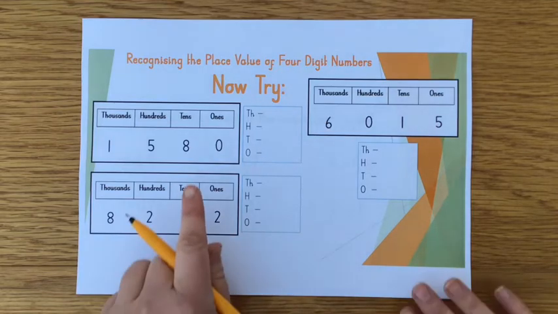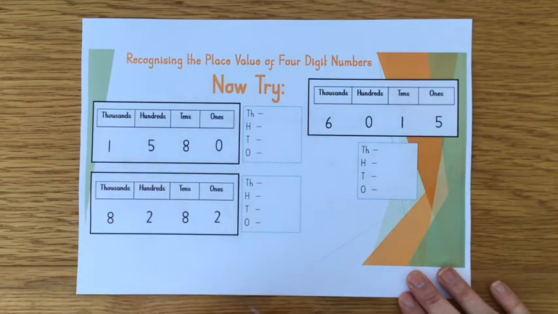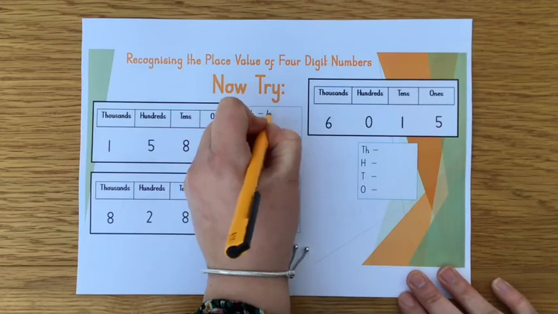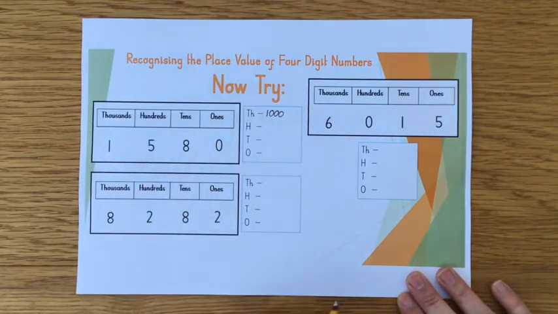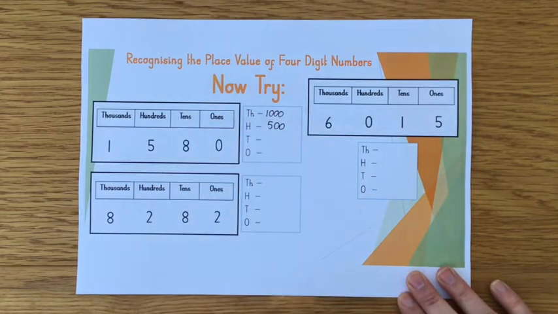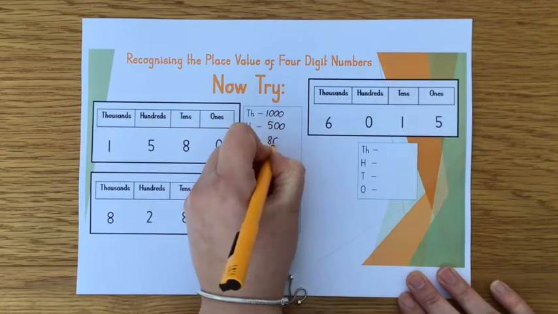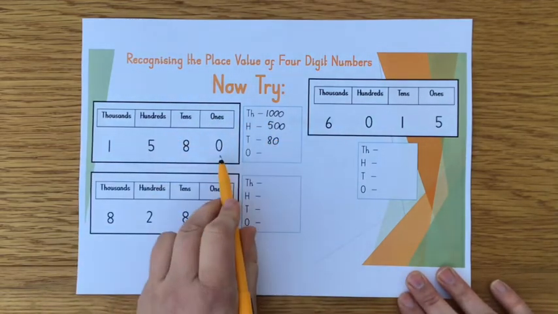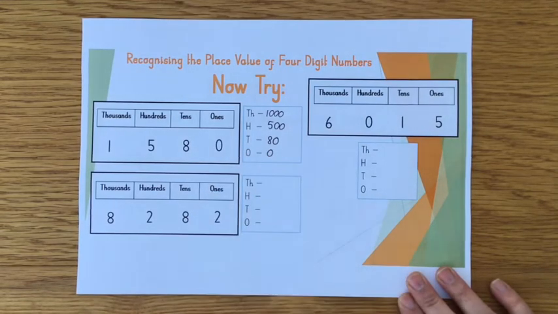So looking at this number here, 1,580, well, I've got 1,000, 5 hundreds, 8 tens, so that's worth 80, and I haven't got any ones, so that's worth 0.